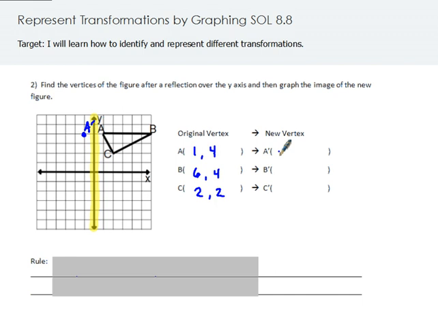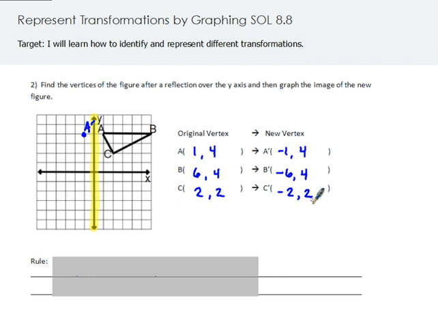So 1 to the left would make that negative, but you're still going to go up 4. For B, instead of being in the 1st quadrant, you want to be in the 2nd, so we're going to make 6 negative, but we're still going to go up 4. And for C, instead of being 2 to the right and 2 up, we're going to go 2 to the left and 2 up.